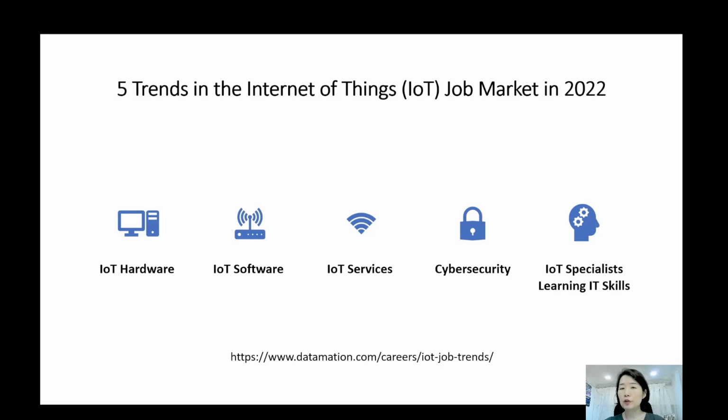Cybersecurity again is a big issue because you are collecting data which involves privacy. Then IoT specialists learning IT skills, and also those specialists who can provide training, design, research, and design algorithms, and so on and so forth. So you can try to find out from this data nation.